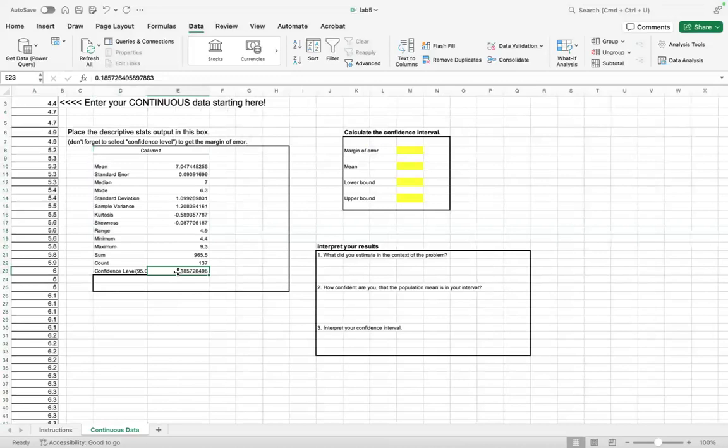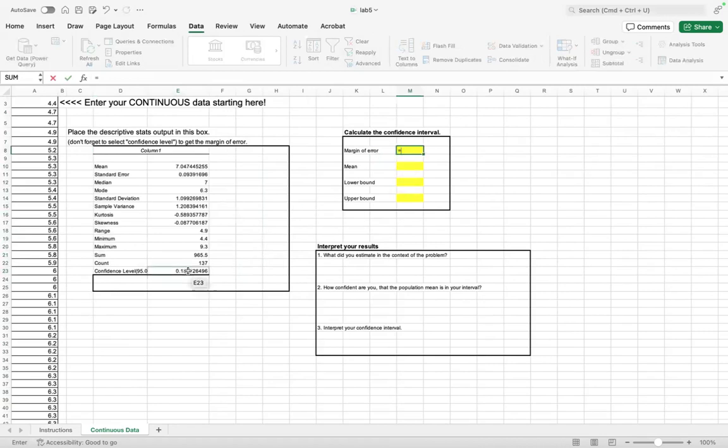Once again, I want you to use your Excel tools. So I click equal and then click on this number and hit enter. For the mean, equal, click on the mean and hit enter.